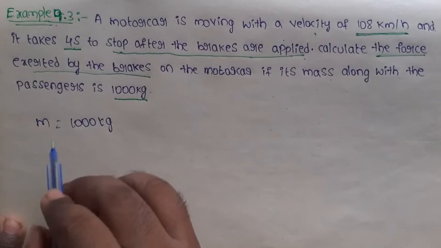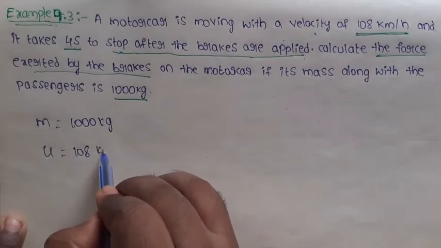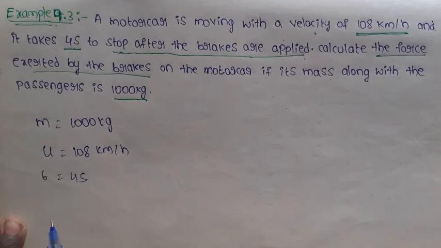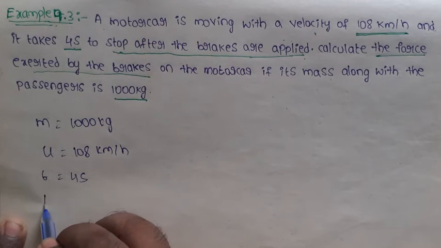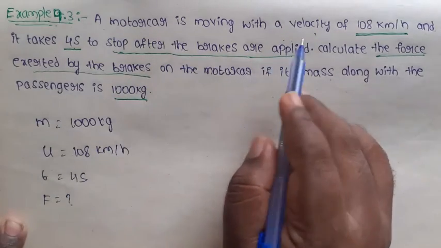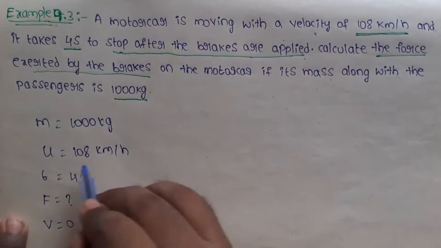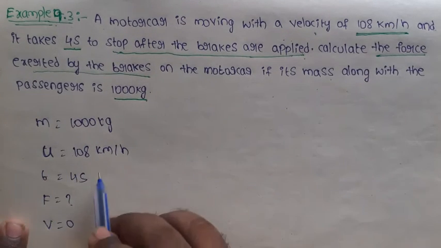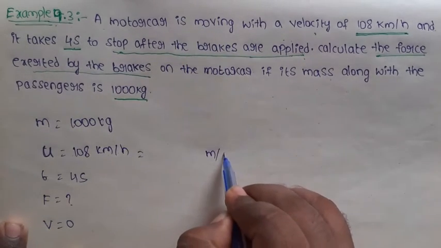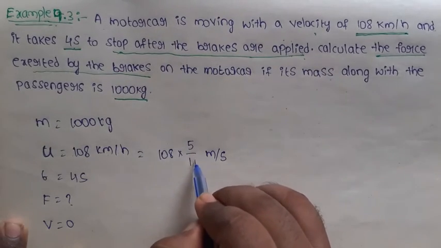Its initial velocity u equals 108 kilometer per hour, time equals 4 seconds. So we are going to find the F value. When brakes are applied on the motor vehicle, its final velocity becomes 0. First of all, I am converting the velocity given in kilometer per hour into meter per second by multiplying with 5 by 18.